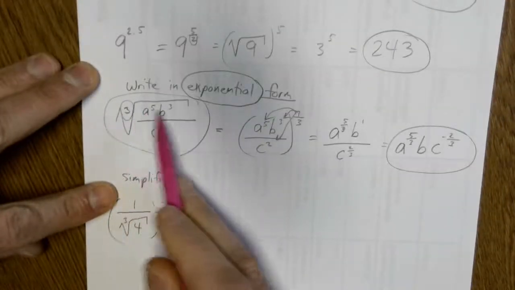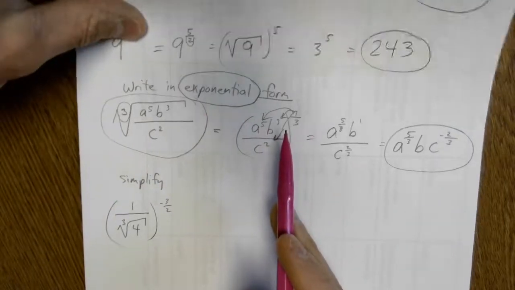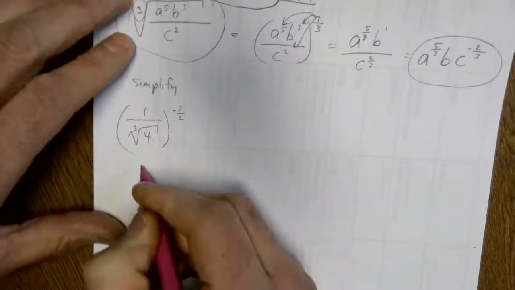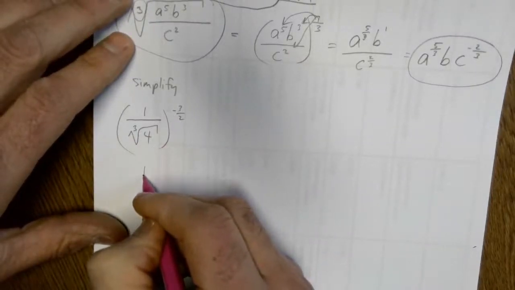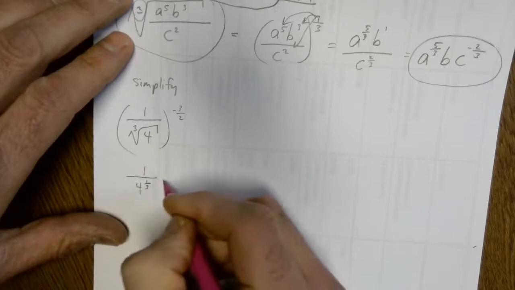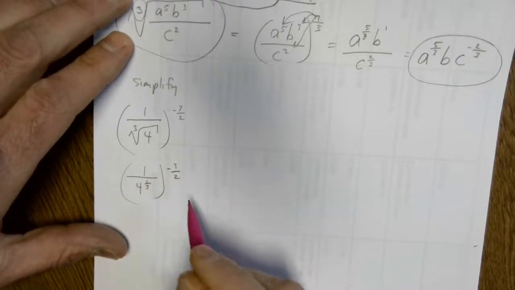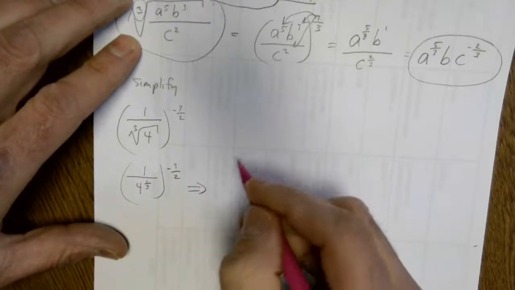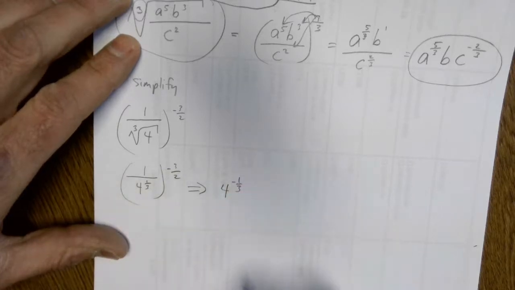Change the radicals into a fraction. So let's change our radical into a fractional exponent. So I'm going to have 1 over 4 to the 1/3 power, like that. Then I'm going to make it 4 to the negative 1/3 power.